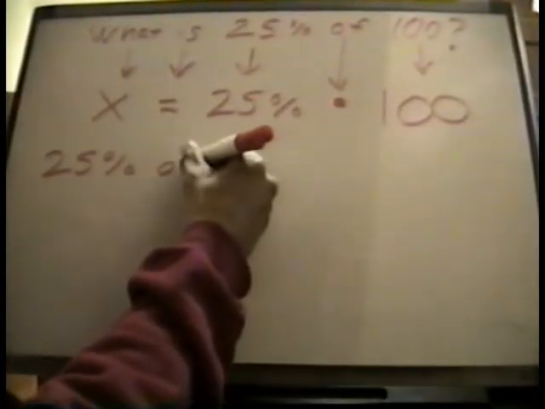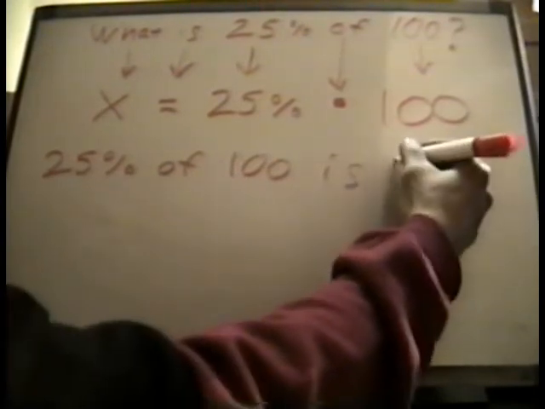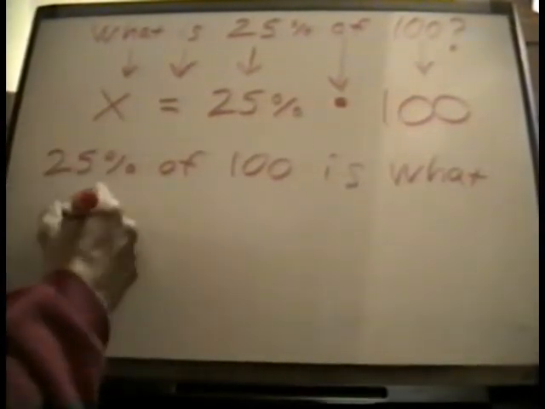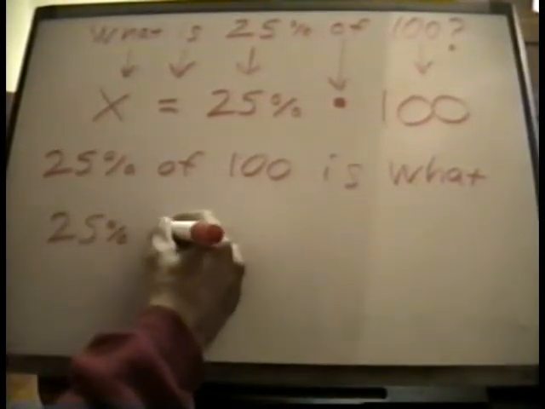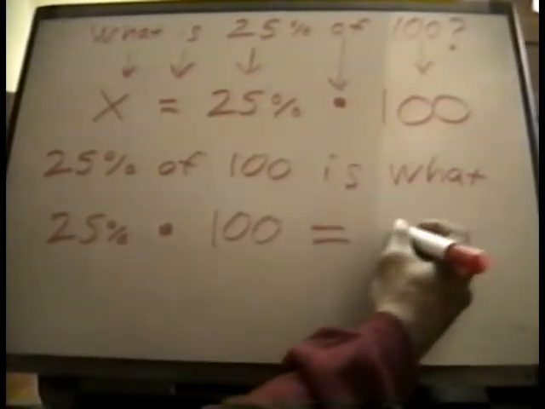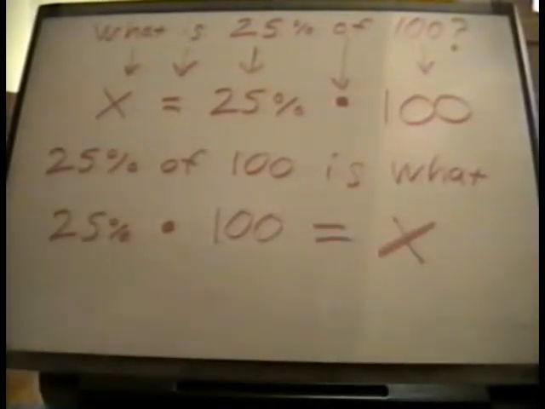We'll write it: 25% of 100 is what? So here, this corresponds to 25% of 100 is what? Now this is how you set up your equation for percentage problems.